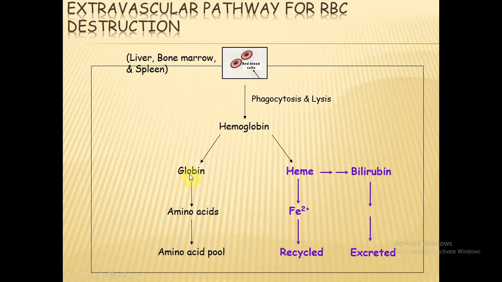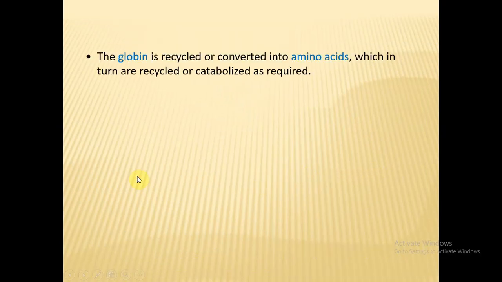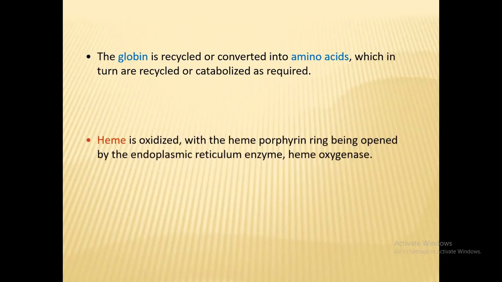Hemoglobin is broken down to globin, which is either reused or broken down to amino acids, and the amino acids go into the amino acid pool to make different kinds of proteins. From the heme part, iron is taken out and recycled. The protoporphyrin rings are converted to bilirubin, which is excreted from the body. The globin is recycled.